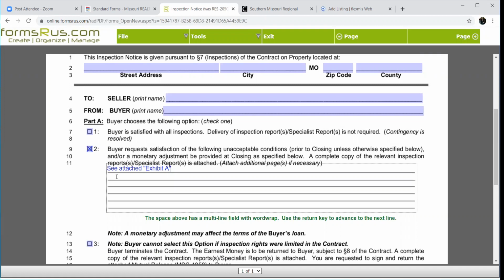And you can do that for anything. On the first page of the contract, inclusions and exclusions, if it was a farm and you wanted to make sure that the horse and the cattle and all of these things were included, you can just make a property list and attach it as Exhibit A. So you can attach exhibits at any point, just make sure that you cite them very specifically, so I know when I'm flipping through the contract what Exhibit A actually is, okay?